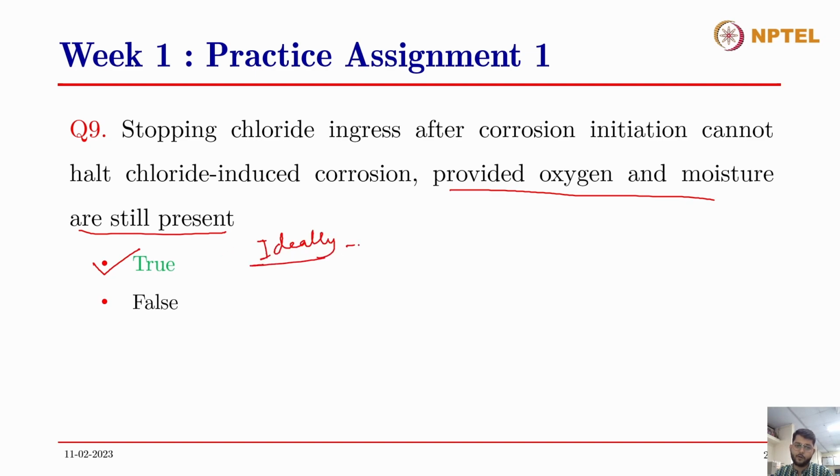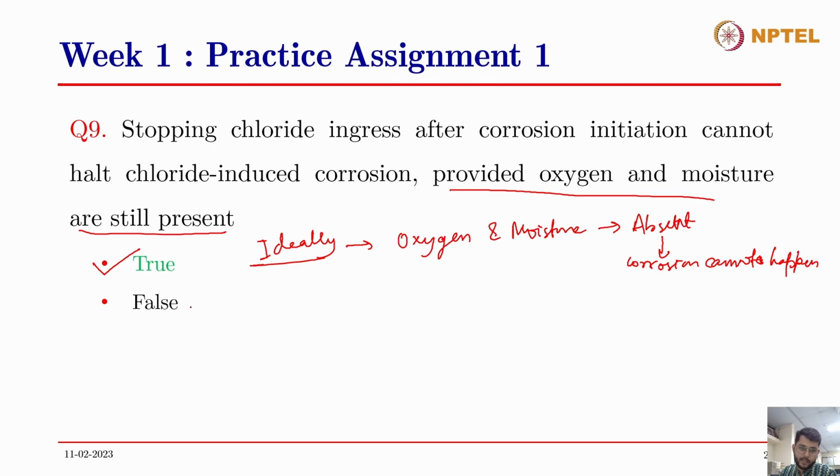So ideally speaking, if oxygen and moisture are absent, then the cathodic reaction, in which the oxygen gets reduced, will not take place and corrosion cannot happen, even if there are chlorides inside the concrete. But this is the ideal case. In no case can you prevent the structure from getting exposed to oxygen and moisture at all.